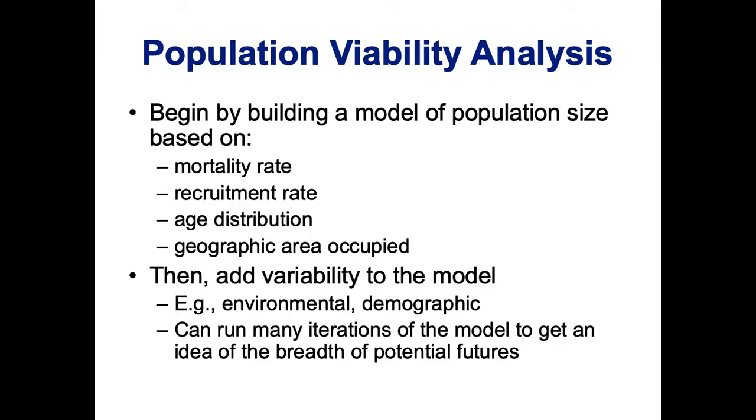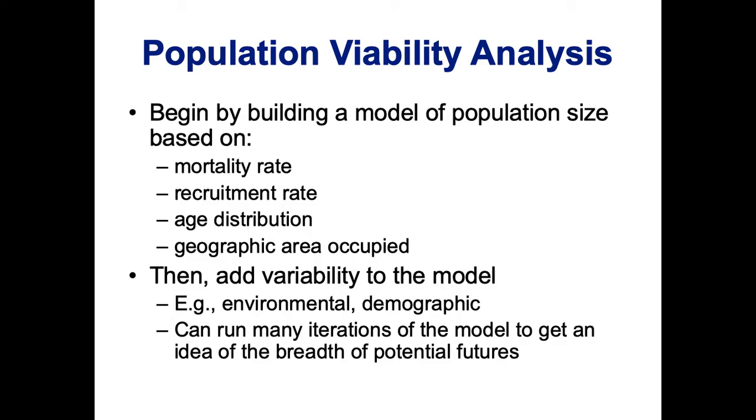The probability that you get the exact right answer is very low. So what we want to do is add in environmental and demographic variability so we can get a range of answers, so we can think about what the likely possibility is that it will go extinct.